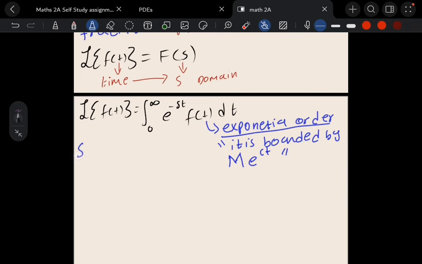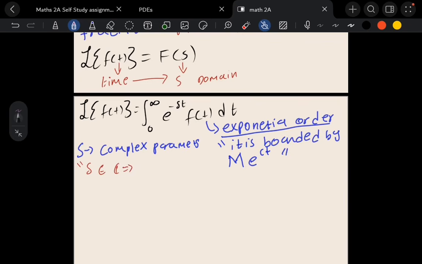And you need to know that s is your complex parameter, which means s is an element of complex numbers.